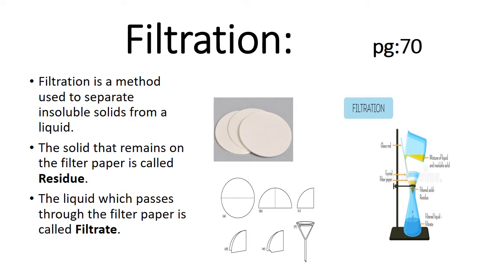The pure liquid that you get after filtration is your filtrate, and the dust and sand particles that the filter paper catches are known as residue. Filter paper has small pores, and they can trap the dust particles.